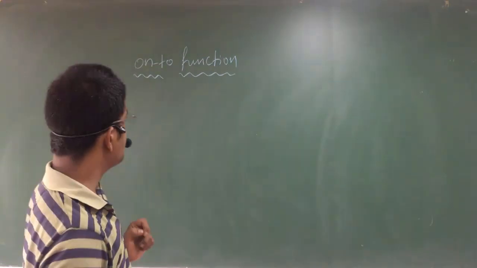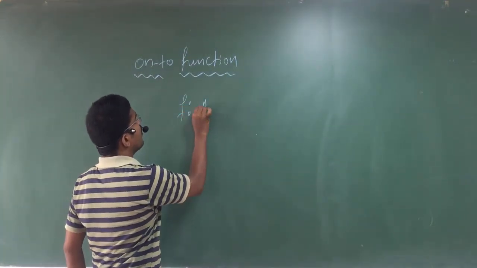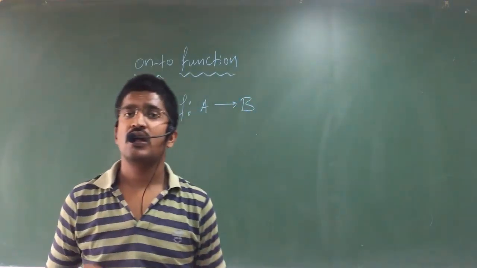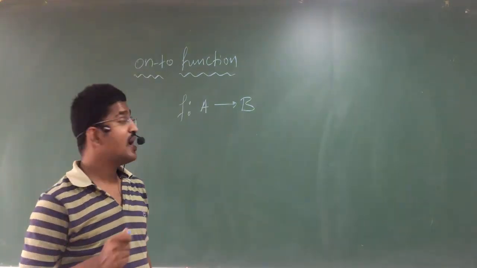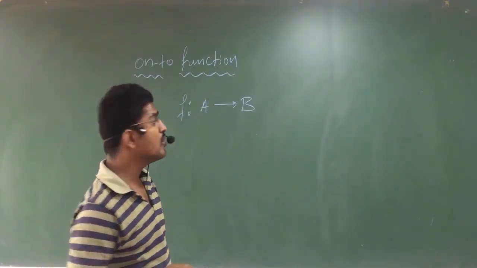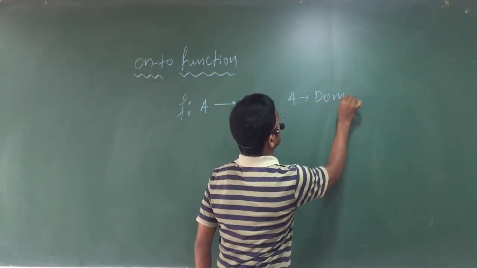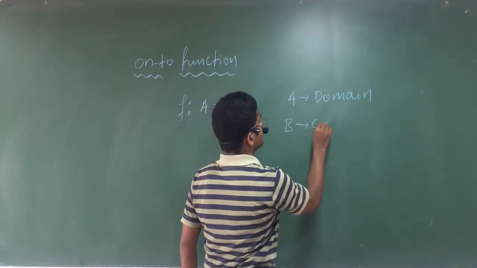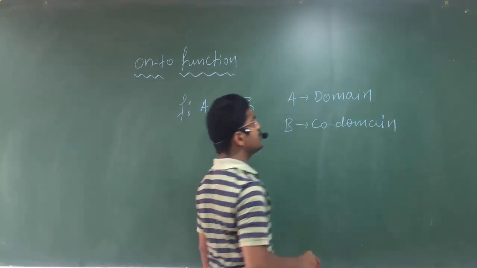So for an onto function, let us consider f being a function from A to B, where A is the domain and B is the codomain.